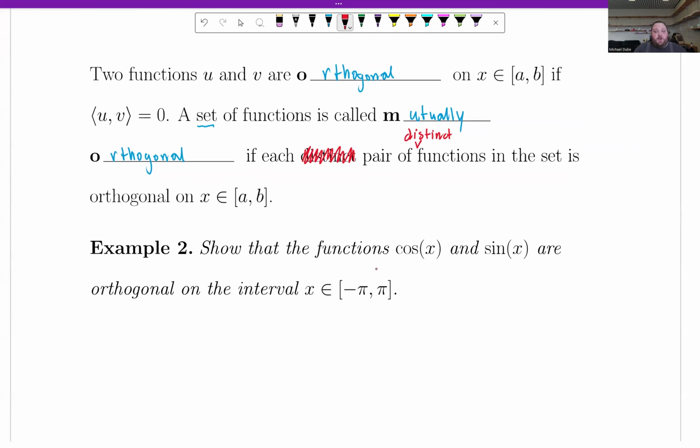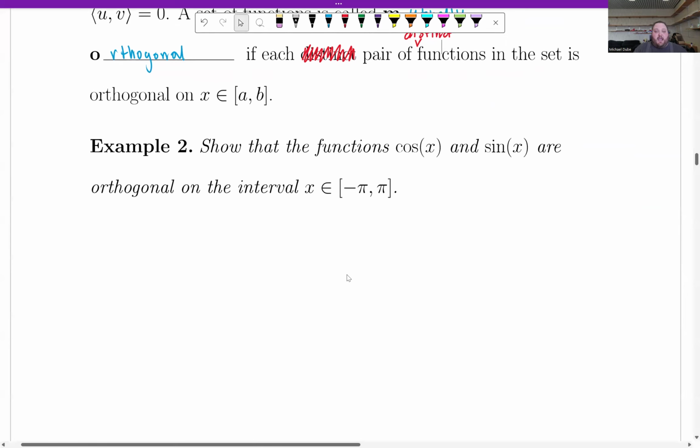For example, let's do a simple example. So show that the functions cos x and sin x are orthogonal on the interval x is an element of negative pi to pi.